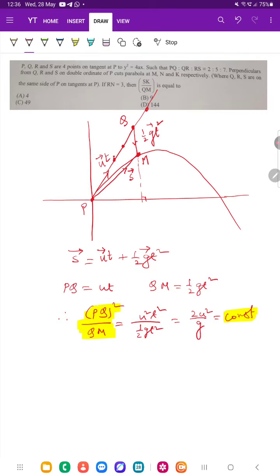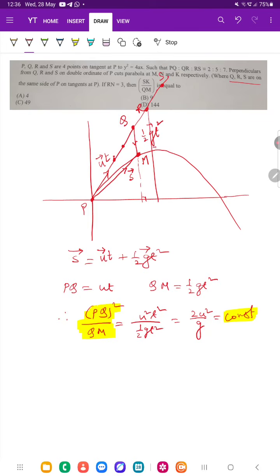As Q, R and S are on the same side of P, I can assume R somewhere here and S somewhere here, and in the same method I can prove that PR square upon RN is constant and PS square upon SK is constant.